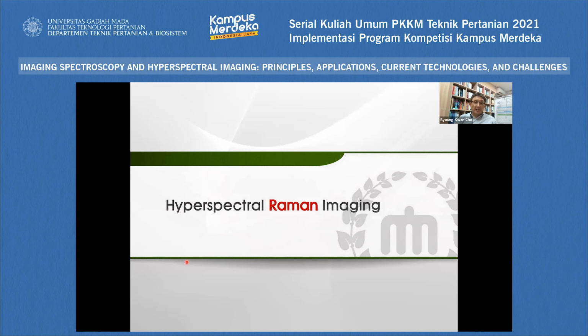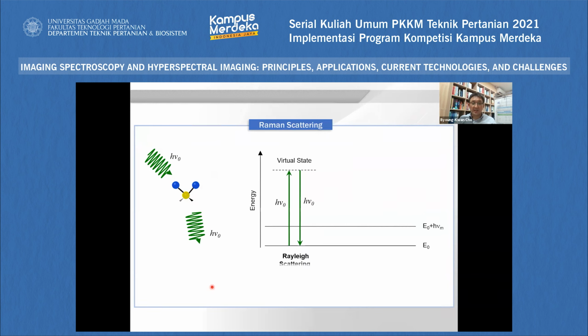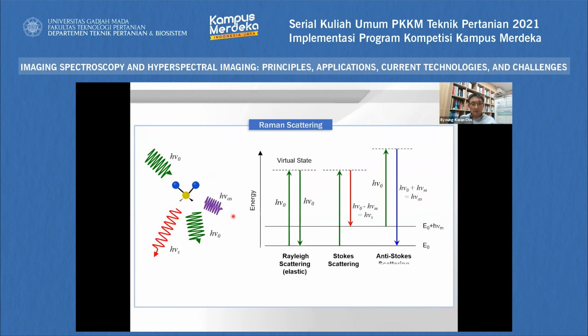All right, and lastly, I want to introduce hyperspectral Raman imaging. Okay, Raman scattering. A high power laser comes in, and then there is scattering. The same wavelength comes out. That is Rayleigh scattering, but there are also longer peaks and shorter peaks.